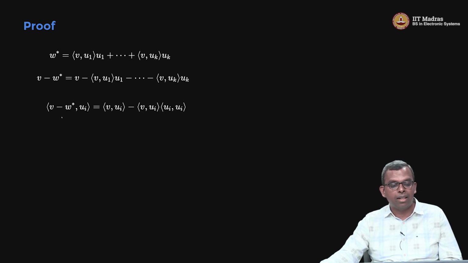You can show very easily that if you take the inner product of v minus w star with ui, on both sides of this equation, what will happen? The first term will give you v comma ui. The other terms, when you take the inner product, you will get 0, because you are doing an inner product of uj with ui, and if j is not equal to i, that will go to 0, because u1 to uk are an orthonormal basis for S, right?